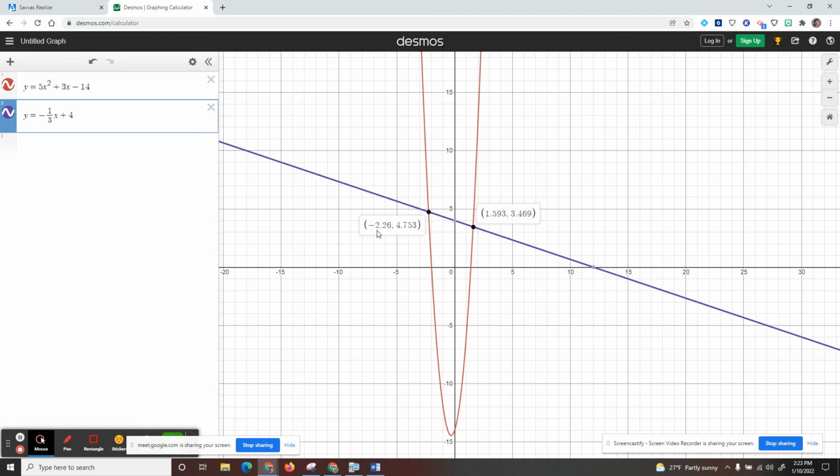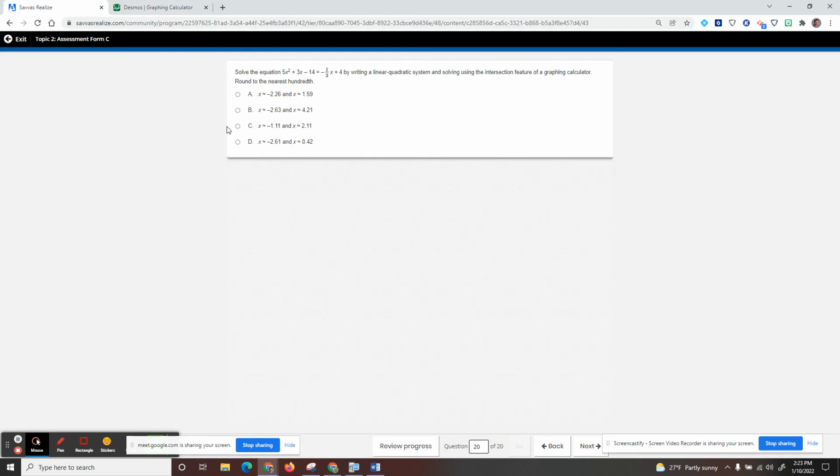So the first x value is negative 2.26, and then I think it said to round to the nearest hundredth, so 1.59, and that would stay 1.59. So the answer choice here would be negative 2.26 and 1.59.